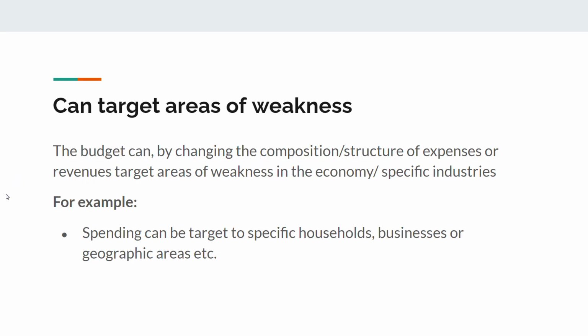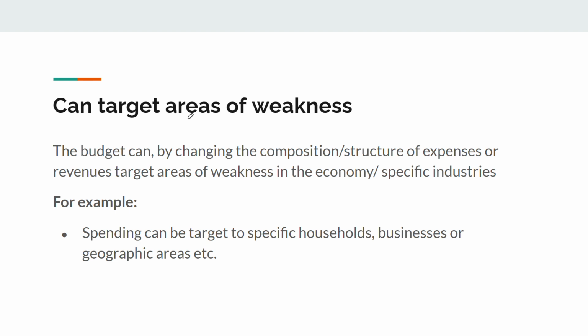So the first strength of budgetary policy is that it can target areas of weakness. By changing the structure or composition of its revenues and expenses, the budget can target problem areas in the economy, or specific industries or specific areas. For example, we could target low or middle income earners.